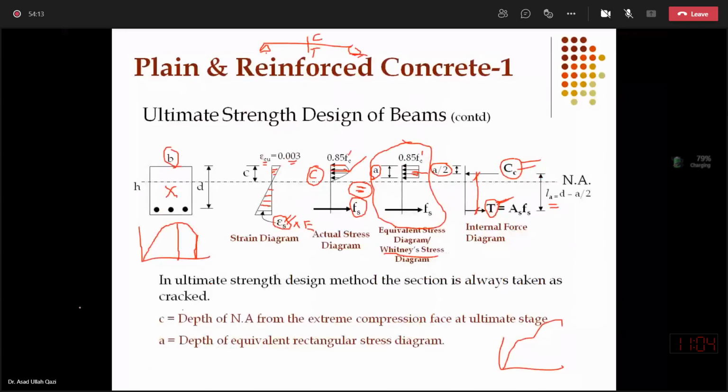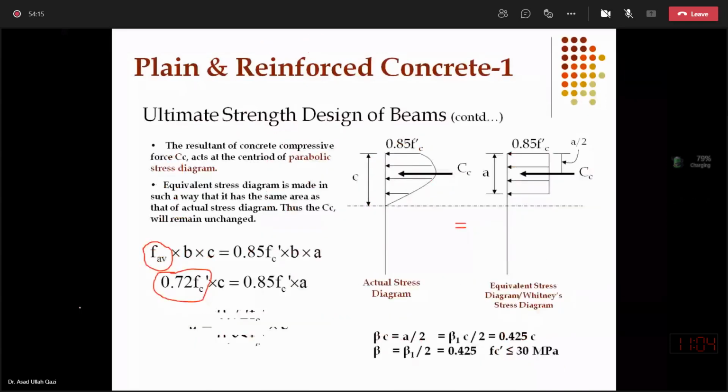So it means on the left hand side of this equation, we are multiplying the F average with the actual area on which this F average is present.